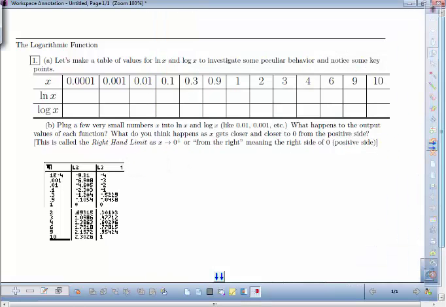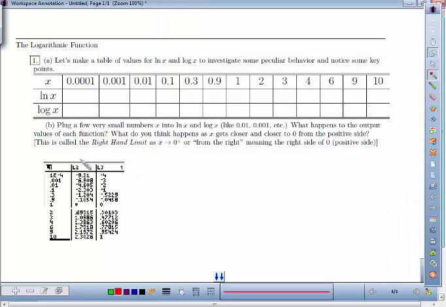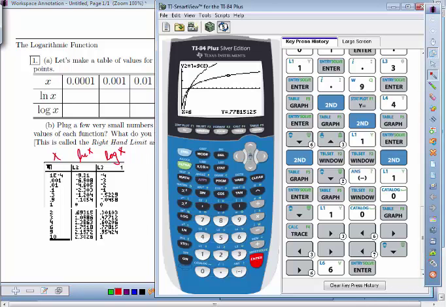Wait, how do you do that? All right, how do you do what again? Where you just put in any active. Oh, while you're tracing, so I'm in trace mode right now, and I'm tracing y2 equals LOG.